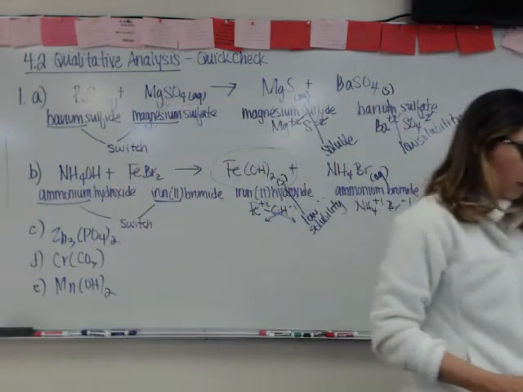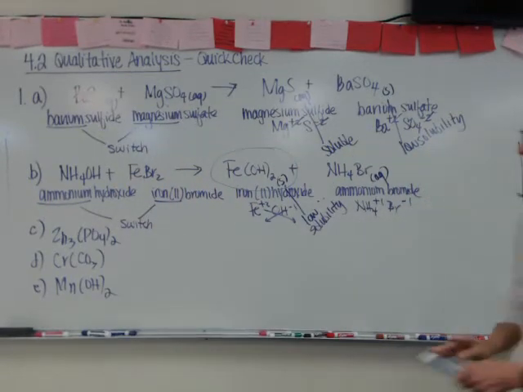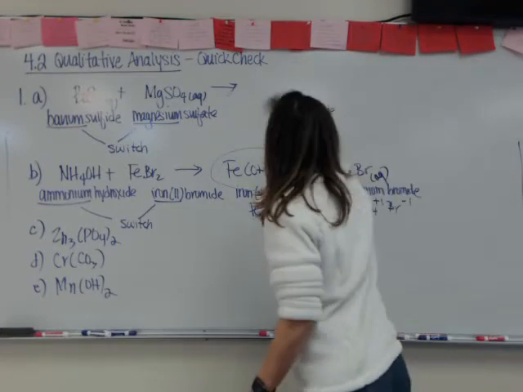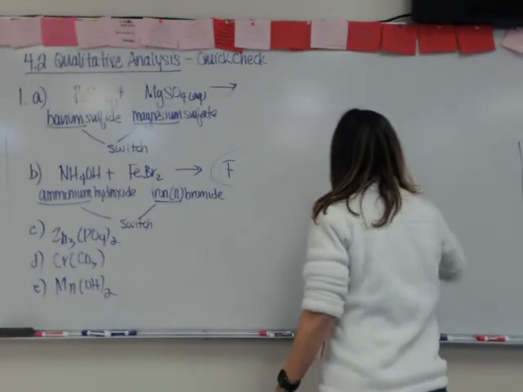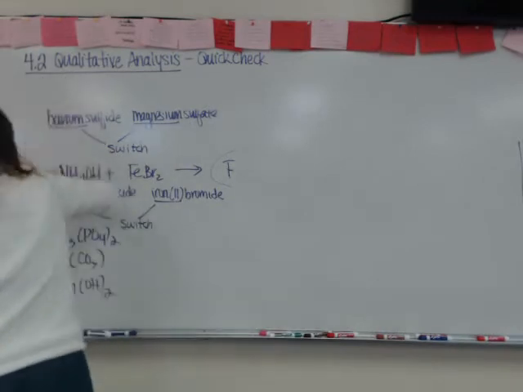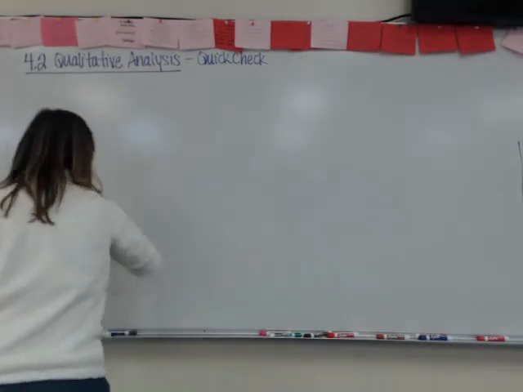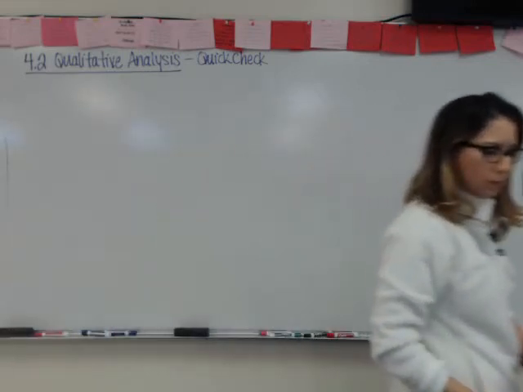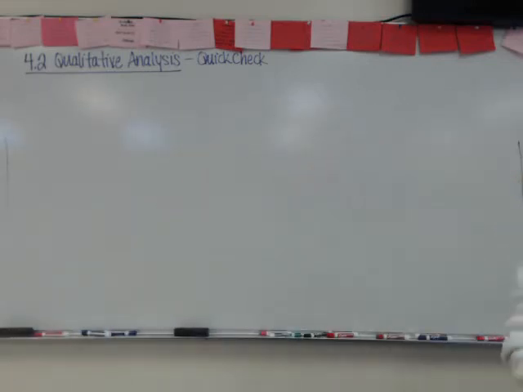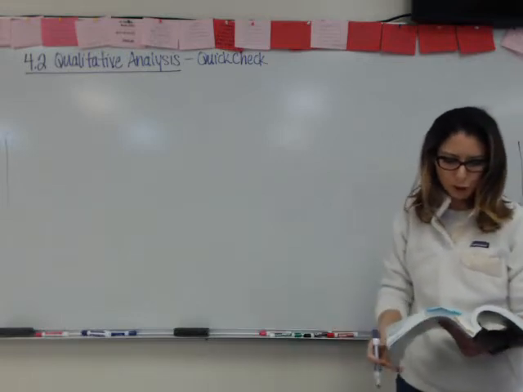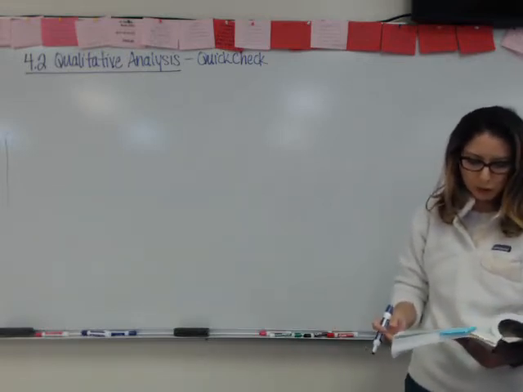Okay? Now, if you take a look at question number 2 in the quick check. Since you've got a video QR code link there for 2A, I'm going to go ahead and look at 2B and 2C with you.